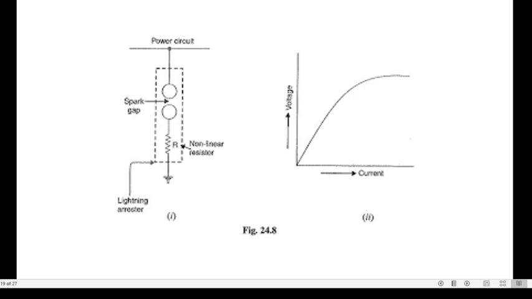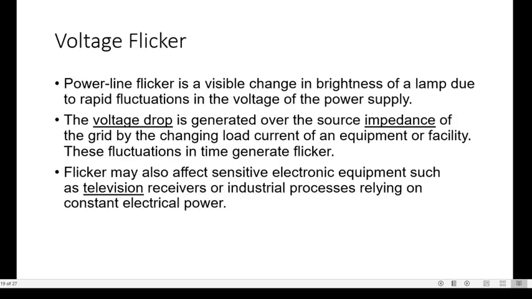The nonlinear resistor is such that when there is an increase in the current, the resistance decreases, and when the current is at a nominal value, the resistance increases. There is a nonlinear resistance. There is a lightning arrester.